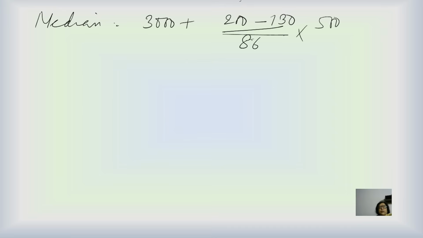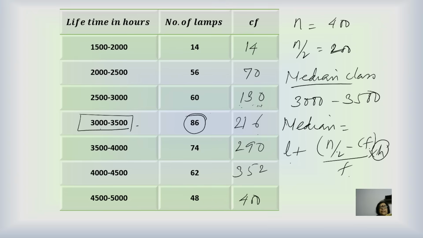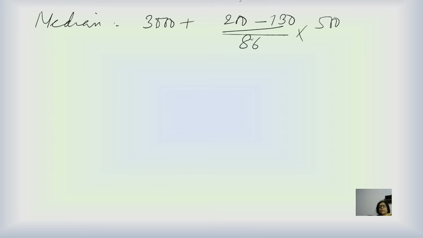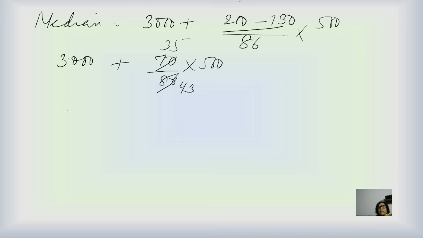Let me just cross check, the frequency is 86. Yes. So now what we do is keep the 3000 separate. We'll first simplify this part and we'll get here 70 by 86 into 500. So this is 35 over 43. Now don't take out the LCM. We'll make your work easy. So keep this separate. Plus 35 into 5, that is 175.